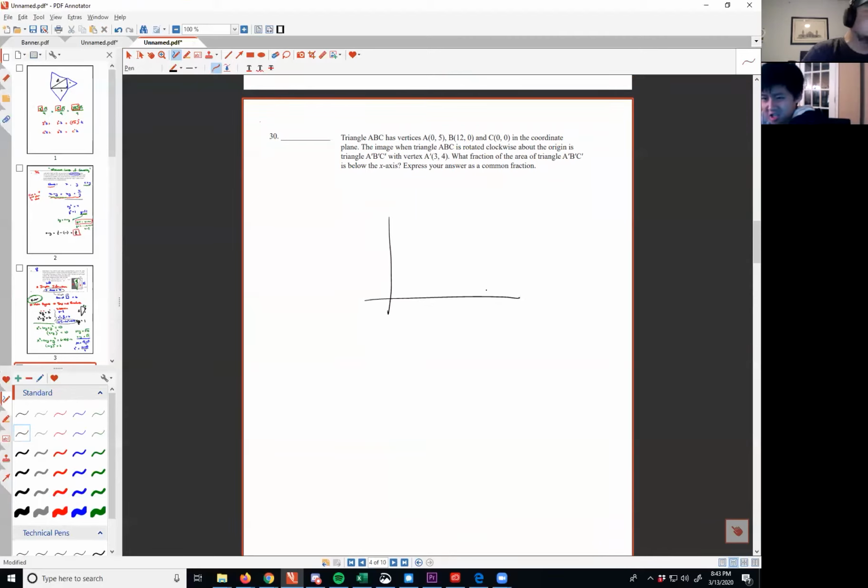Okay, triangle ABC has vertices A at (0, 5), B at (12, 0), and C is the origin.